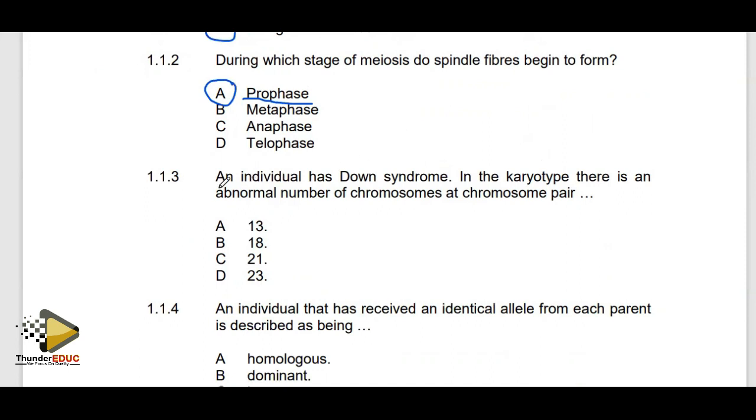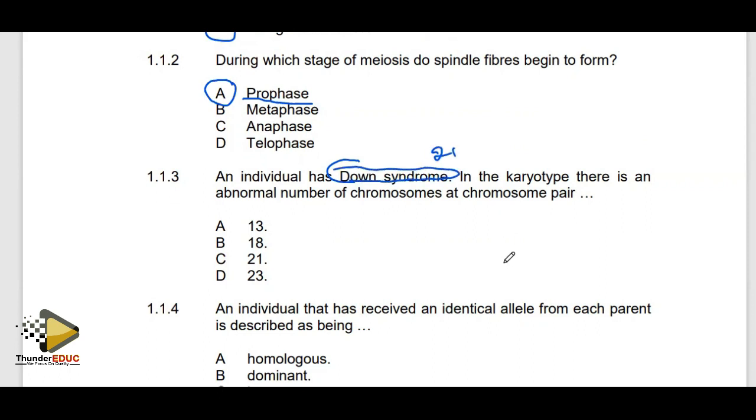Then they're saying that an individual that has Down syndrome, in the karyotype, there is an abnormal number of chromosomes at a chromosome pair. Whenever you talk about Down syndrome, your mind must go to chromosome number 21.